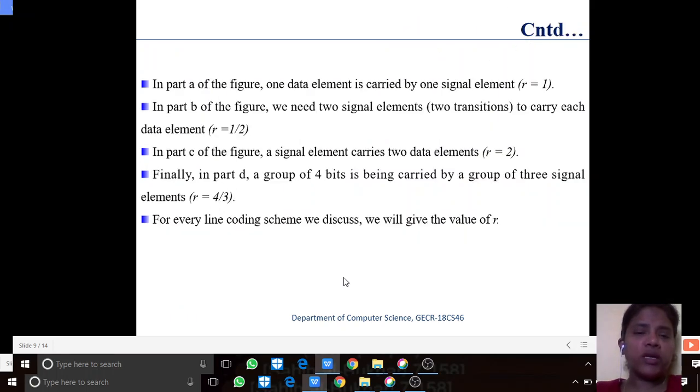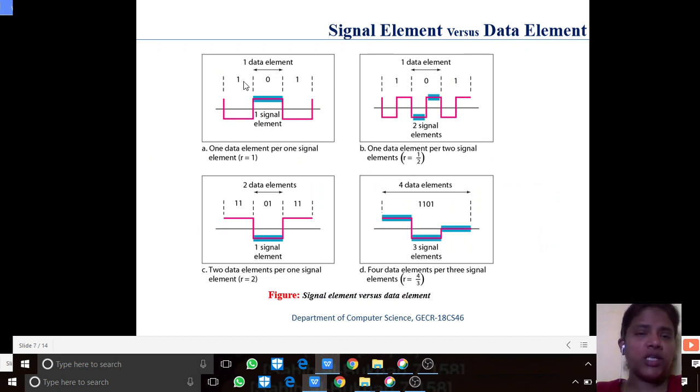Before this, I would like to explain. I have already given an analogy. One vehicle carries one person. It is analogous to that. Now here, few persons are carried by some vehicles. Here, two persons are carried by one vehicle.